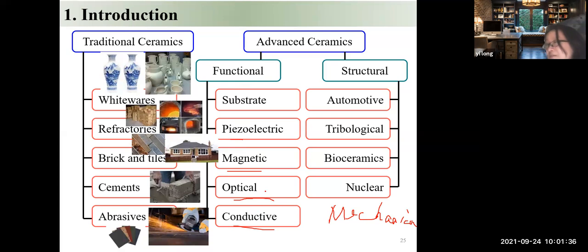So functional is a much bigger category. Why separate this one? Because about 1990, many of you may not even have been born at that time. Before 1990, a lot of researchers focused very much on structural materials. Only about 20 or 30 years ago, people started to do a lot of research on functional materials, especially because of the handphone and all this microelectronics.